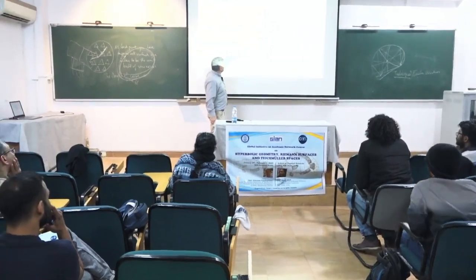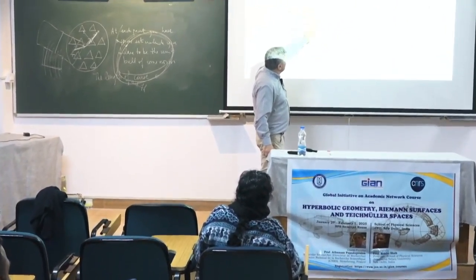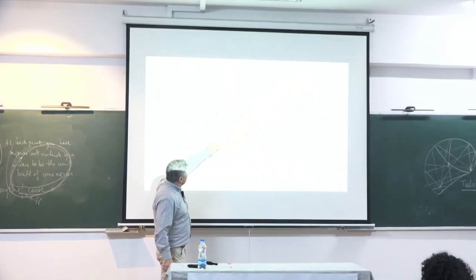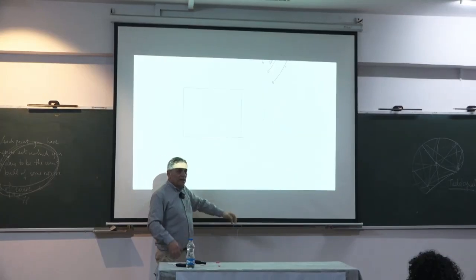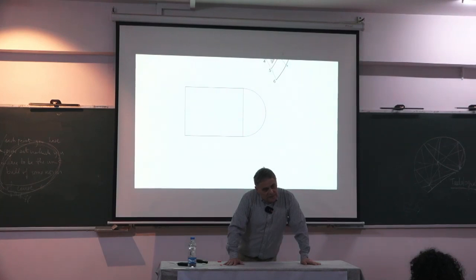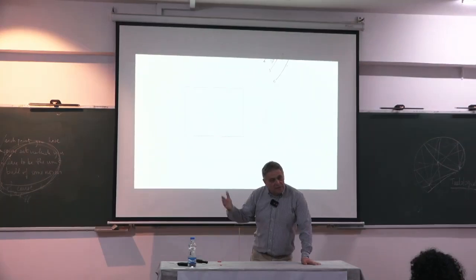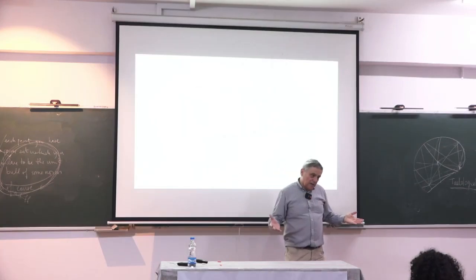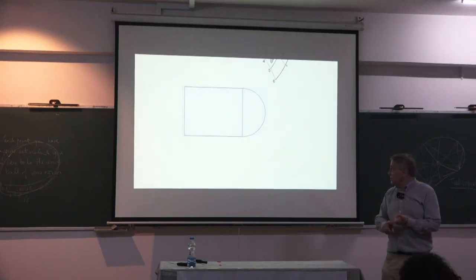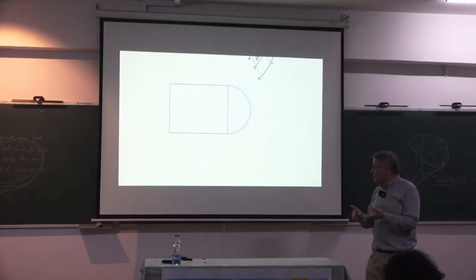The space of figures in the Euclidean plane, where you take a rectangle and then add to it a half disk. Define a distance between these shapes, and show that it's a Finsler distance.